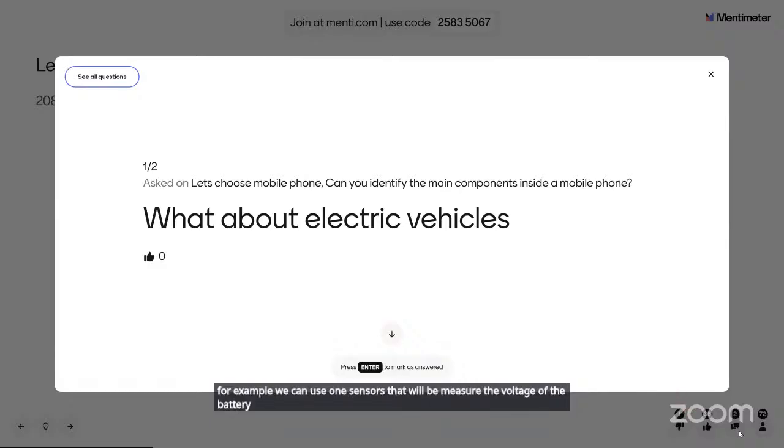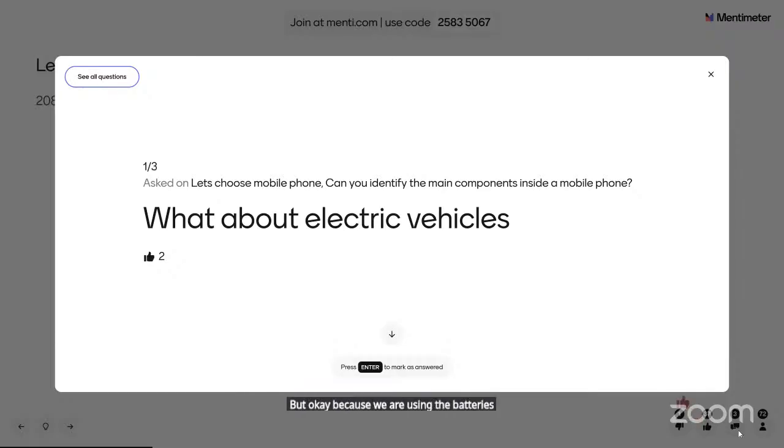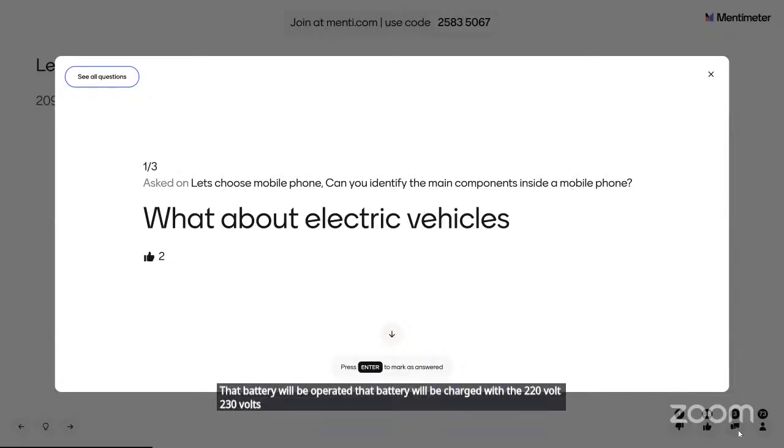So for that we use the electronic system. Otherwise an electric vehicle is basically dependent on the mechanical plus the electrical part, because we are using batteries. That battery will be charged with 220 volts, 230 volts. Yes, managing the battery is somehow a part of the electronic system.